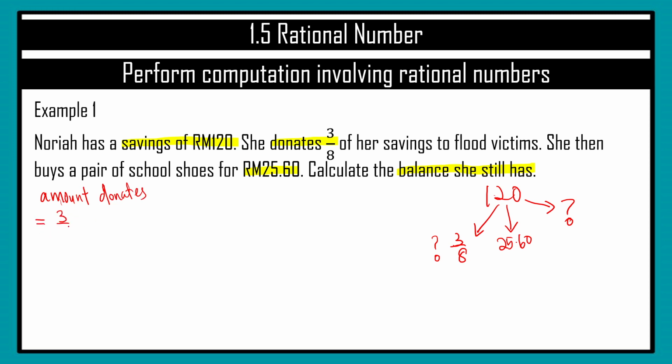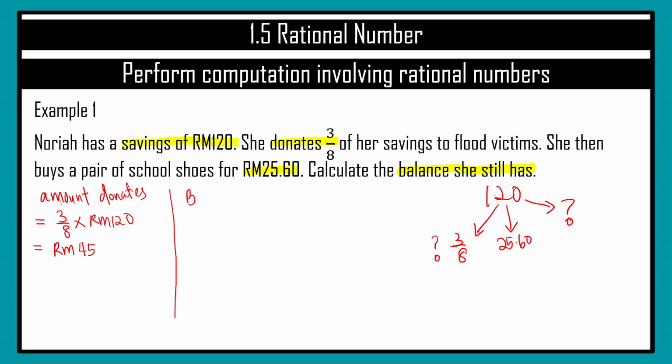So 3/8 multiplied with 120. You can use a calculator to calculate, and you should be able to get 45 ringgit. So she donates 45 ringgit. And we also know that she uses 25 ringgit and 60 cents.